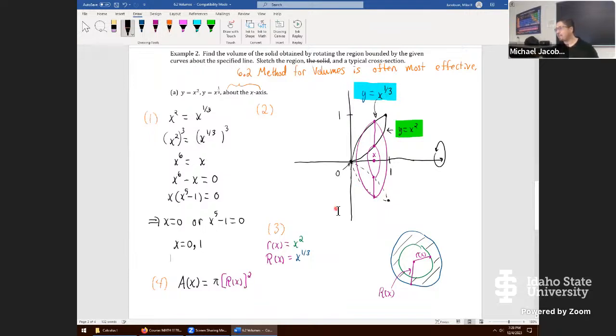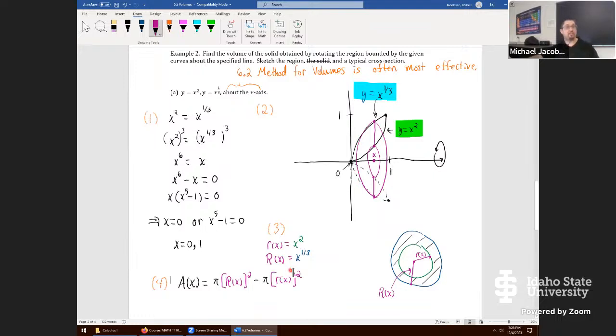If you work it that way, you're picking up too much area. You're getting these things as well. Everything is being calculated. So we fix that by subtracting off the radius of the inner circle. So go minus pi times the lowercase r of x to power 2.